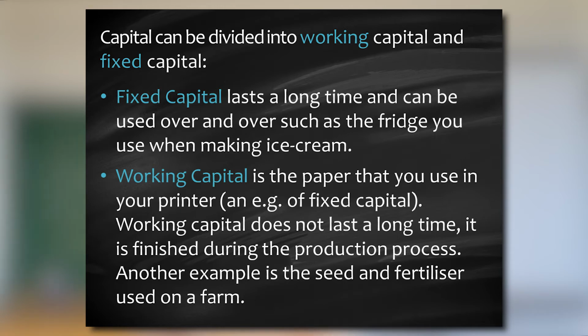But another form of capital is working capital. Working capital is like the paper that you use in an office, which you can only use once, perhaps recycle it and use it another time. Another example, which perhaps you know more about, is the fertilizers that they use in the soil before they prepare the land for planting maize.